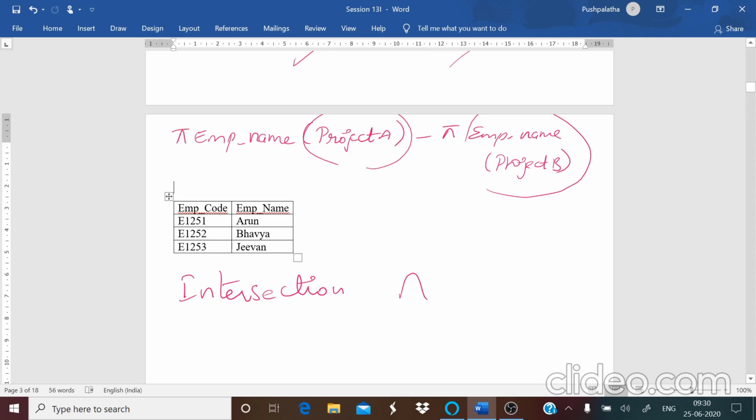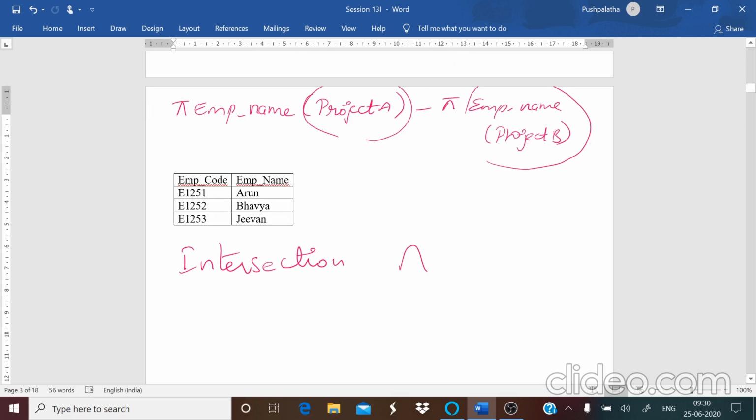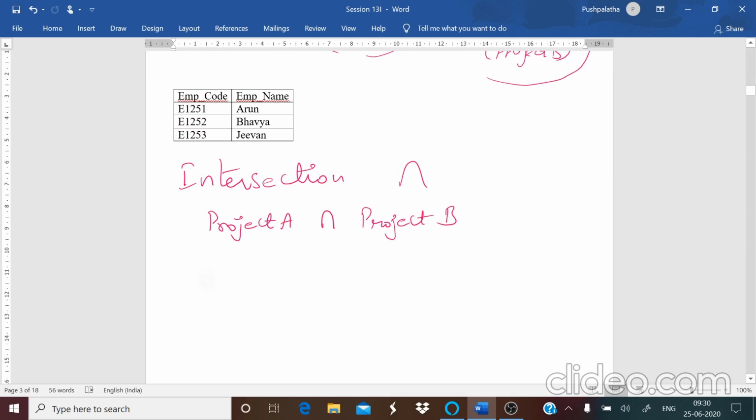So the intersection of project A and project B will return a relation having tuples that are common or present in both project A and project B. So if you say project A intersection project B, then that will give you only Chetan and Sarika because they are the only ones who are present in both. Okay, so this is what you mean by your intersection.